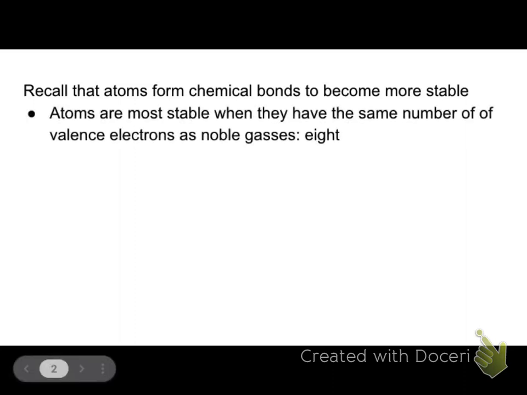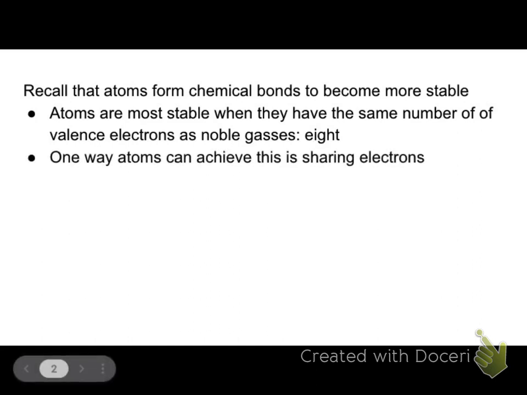Atoms are most stable when they have the same number of valence electrons as noble gases, which is 8, or in the case of hydrogen and helium, 2. One way that atoms can achieve stability if they do not already have it is to share electrons, which would cause them to form a chemical bond.